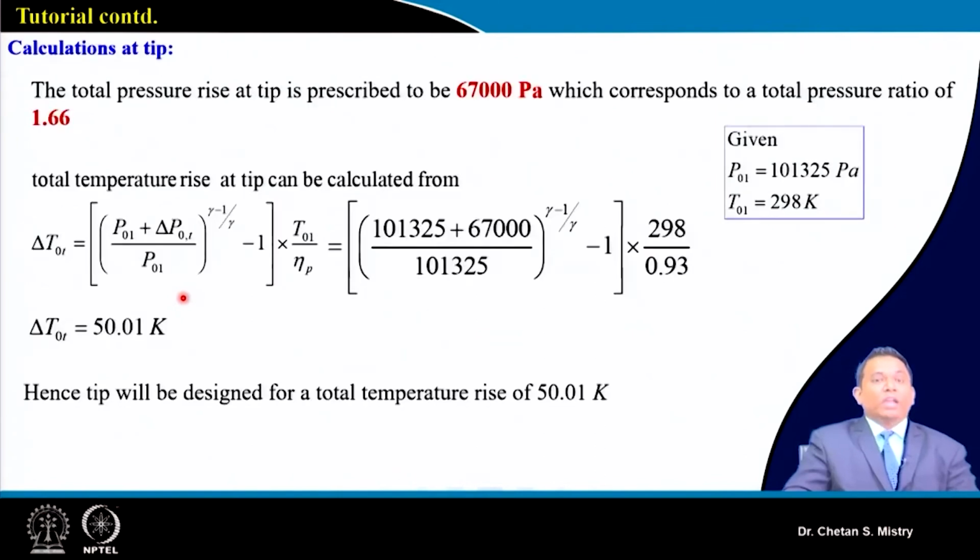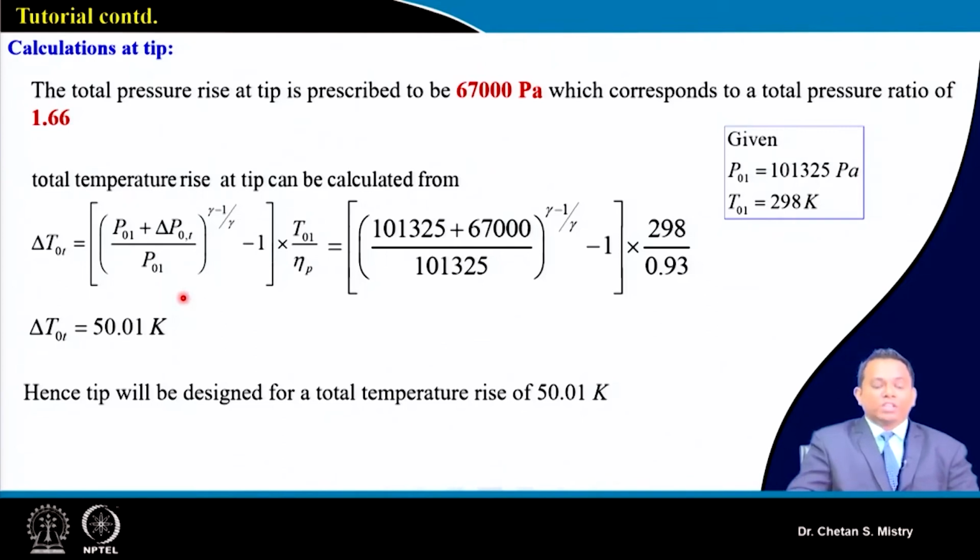Now in order to do the calculation at the tip, as we know, this is our fundamental design approach, in which we need to assume our delta P0 distribution. So at the tip we are assuming, suppose, our pressure ratio to be 1.66 near the tip region, and that gives my pressure rise expected to be 67,000 Pascal.